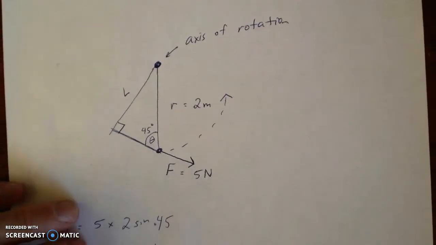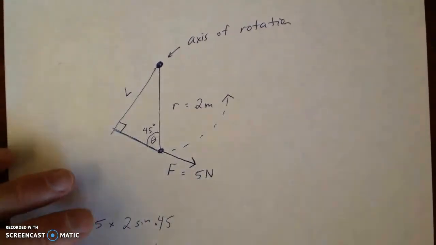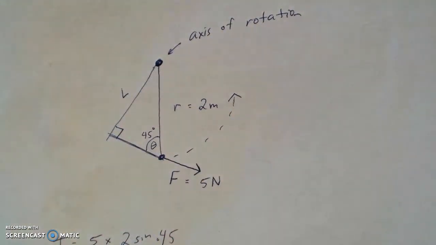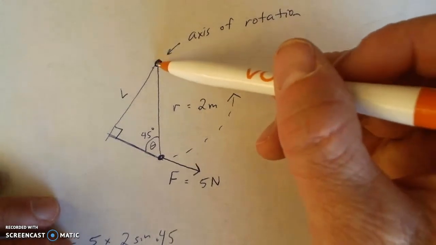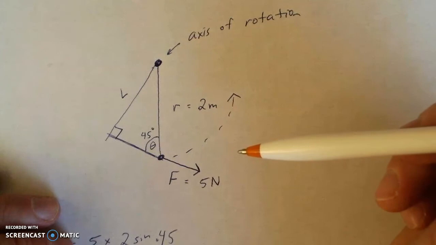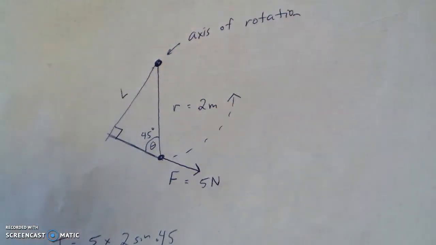And so I'm going to use this drawing I have here to explain how you approach this torque equation. So what I have here is the axis of rotation for some object that is rotating counterclockwise. And so if that's the case, our angular displacement is going to be a positive value.